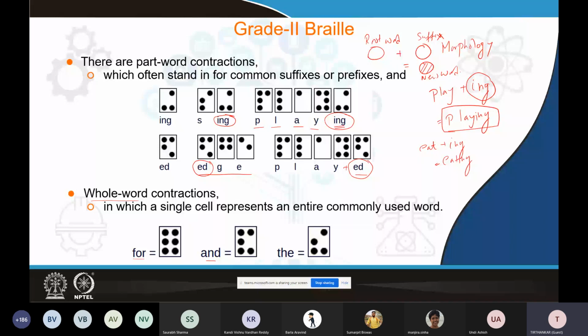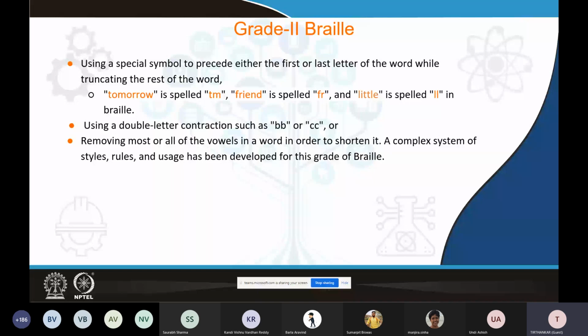Now there are some more contraction rules. Some of the contractions we also do as sighted users, in terms of texting language. I think almost all of you are aware of this term, texting language.